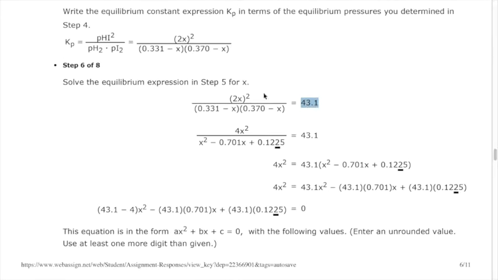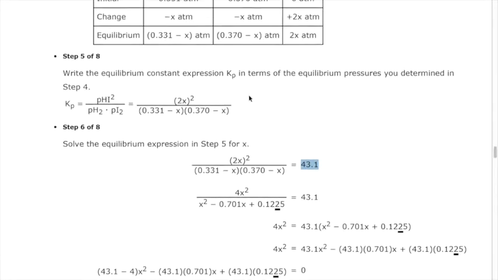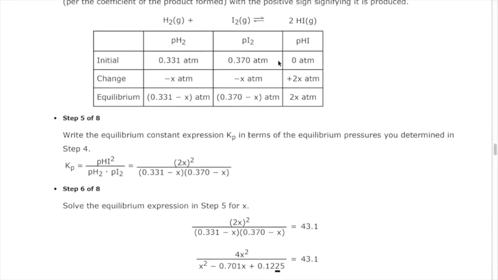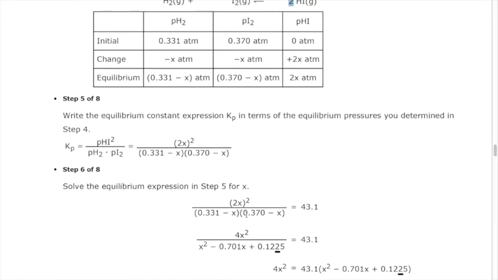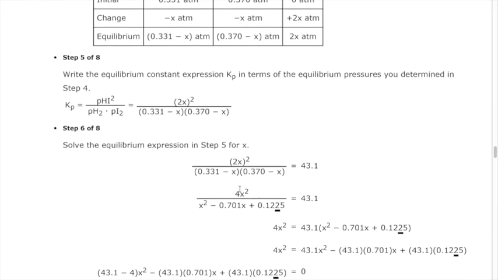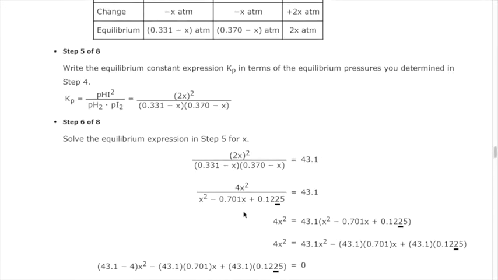So K equals products, and that's raised to the power of 2 because of this coefficient, over reactants here and here. So we got to this step here because of FOILing. We did first times first, outside times outside, inside times inside, last times last, and yep.